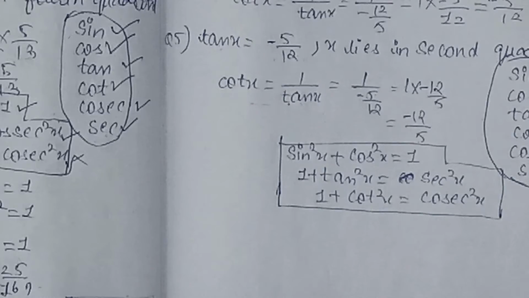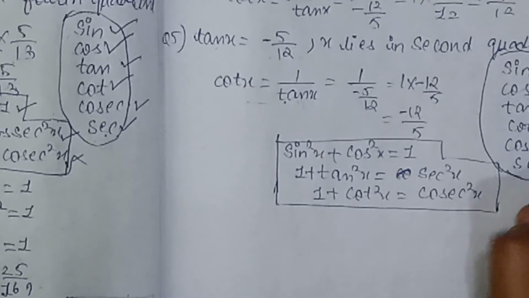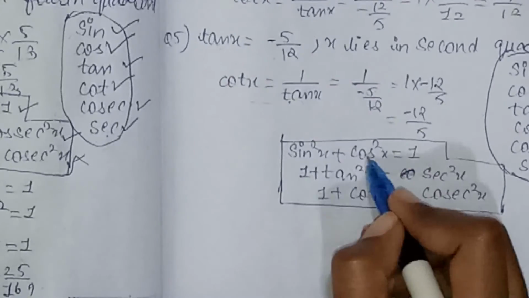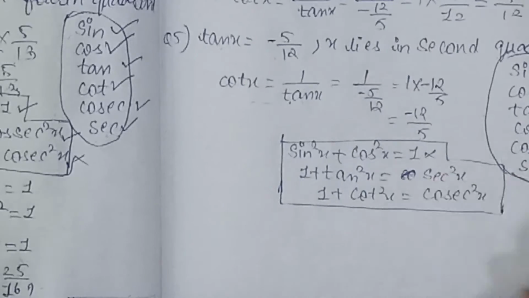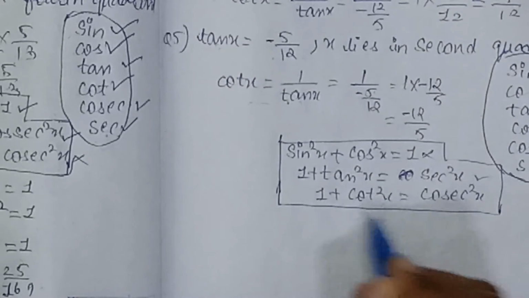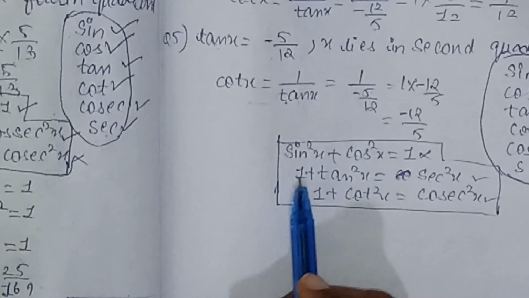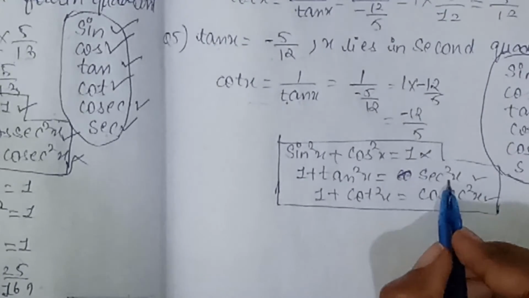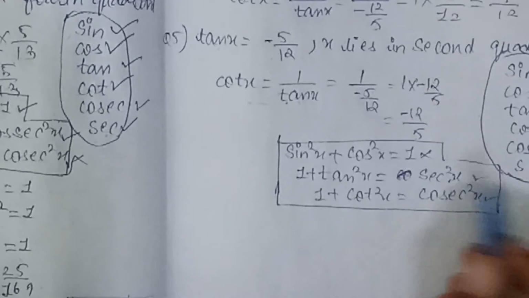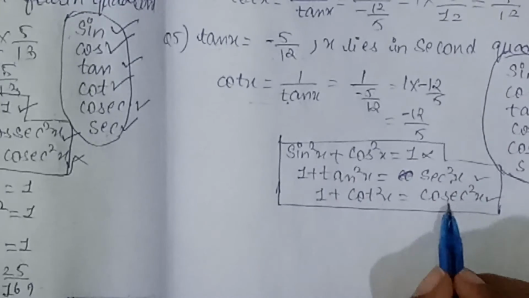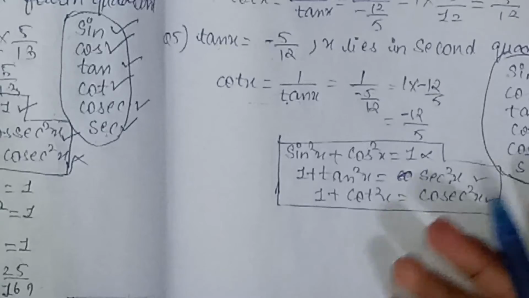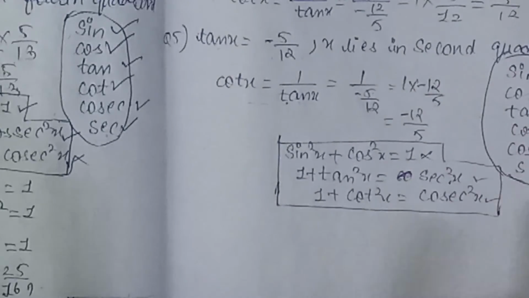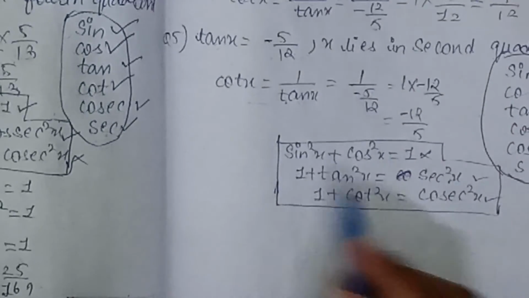What values do we have? We have tan and cot, so we cannot use the identity that has no tan and cot. You can use this one or this one. If you use this one, you get secant, and automatically we can find cos. If we use the other one, you get cosecant, and you can automatically find sine, which is the reciprocal of cosecant. So I'm using the second equation.